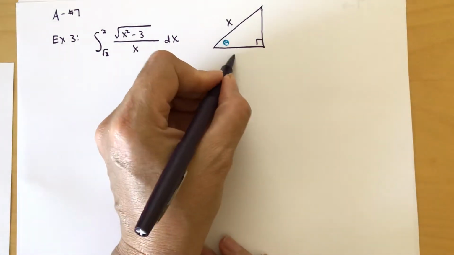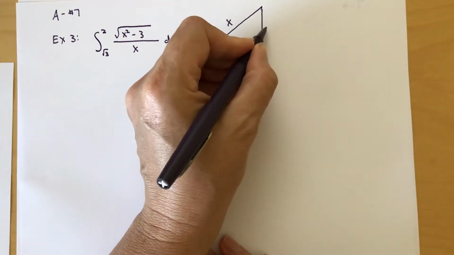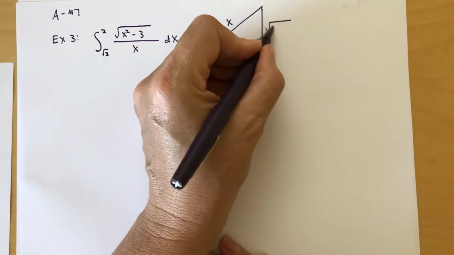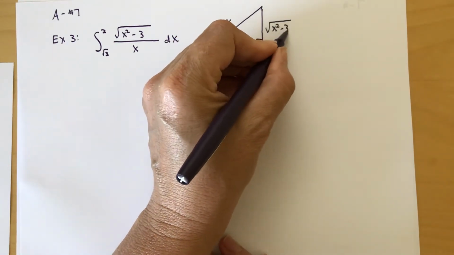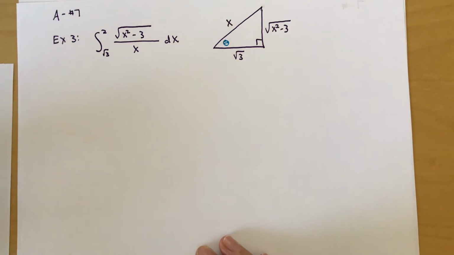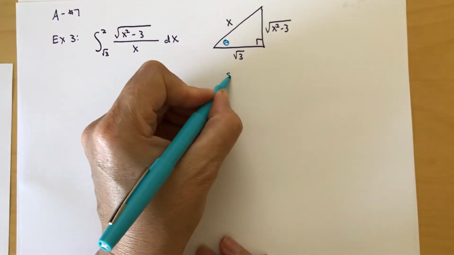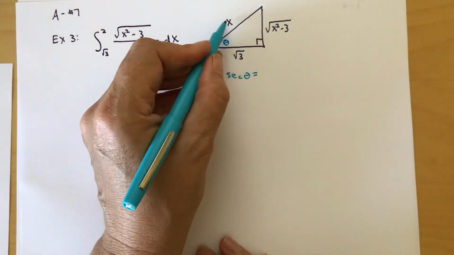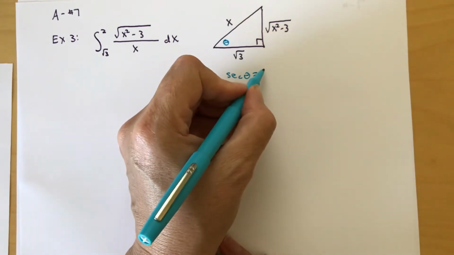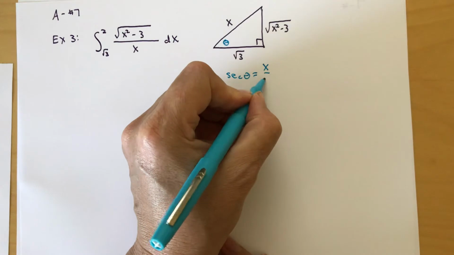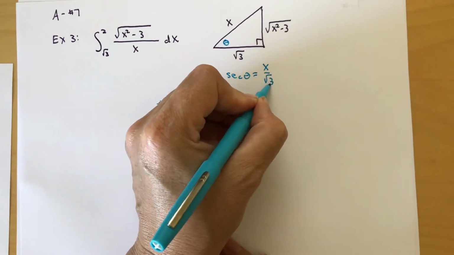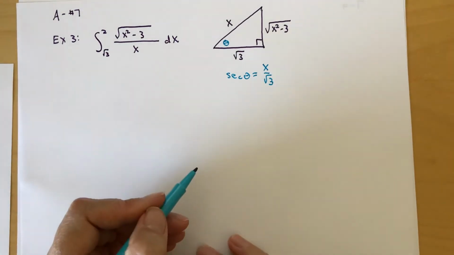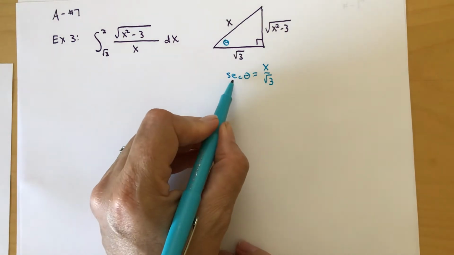It turns out I want it here, because if it's there, then when I write secant theta equals hypotenuse over adjacent, I get x over root 3, which is good because I want the x in the numerator. I want to use secant because the derivative of secant is positive.